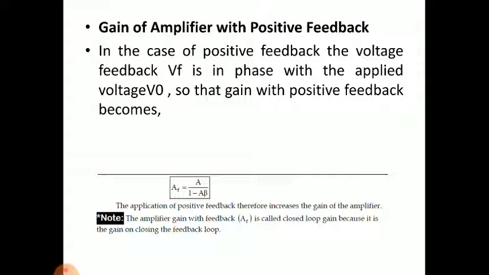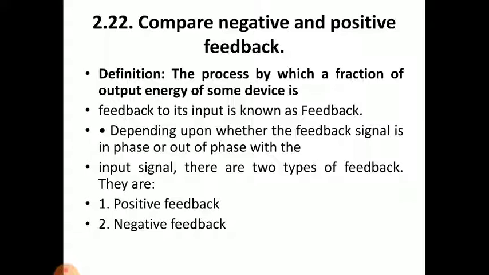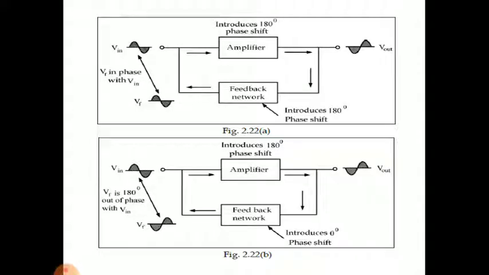So with this the gain will increase. Since the denominator is 1 minus something, which is less than 1, the overall gain will increase, greater than A. So positive and negative feedback differ in the phase shift of the feedback.